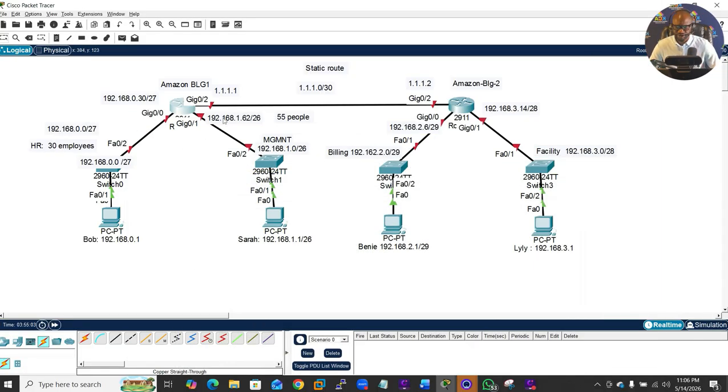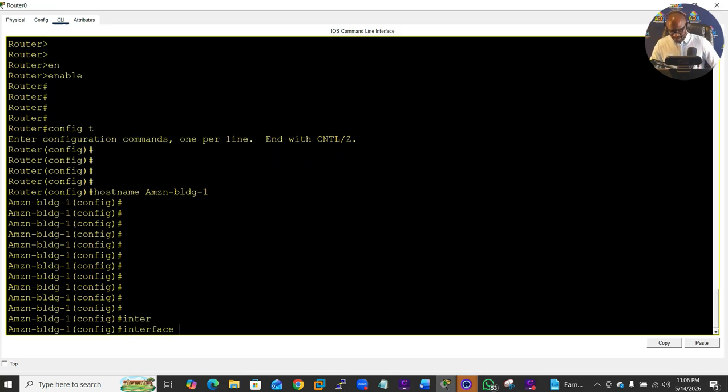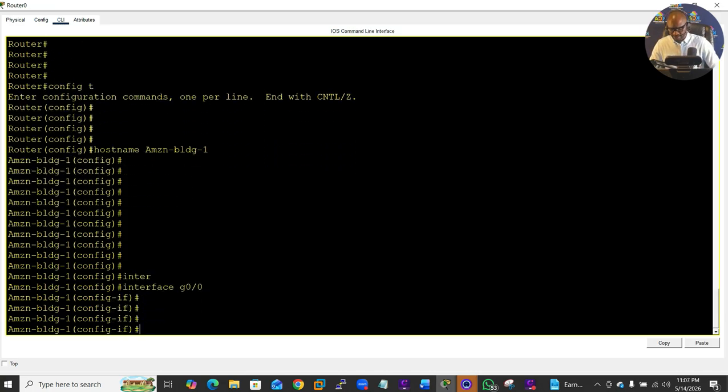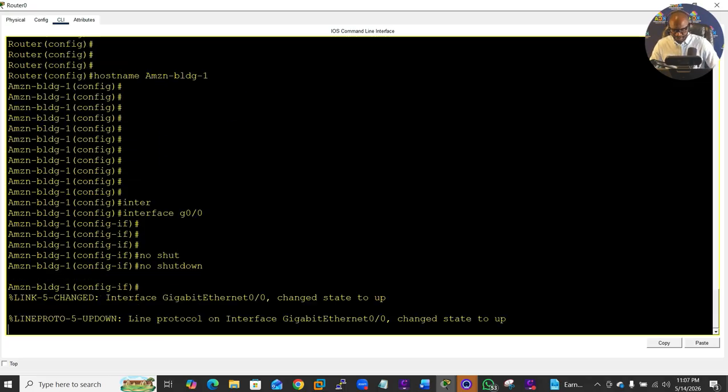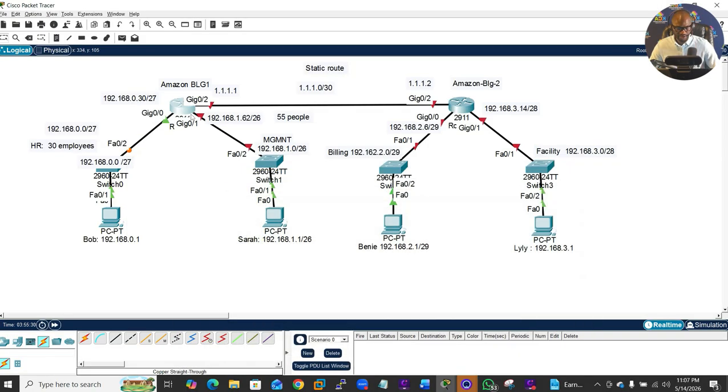Okay. Now, from there, we have two interfaces. Each interface will represent a separate broadcast domain or separate network address. Okay. So we're going to say interface G0/0. Let's turn up the interface. No shutdown. Now the interface GigabitEthernet 0/0 changes state to up, which means we basically turn it on, so it's green.